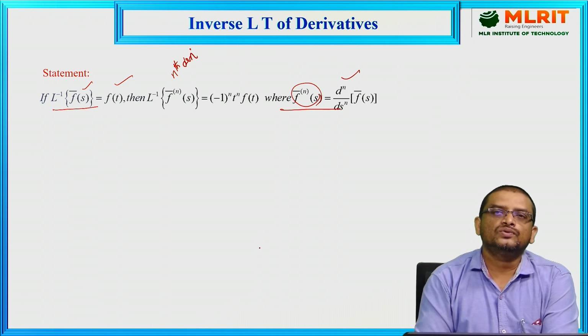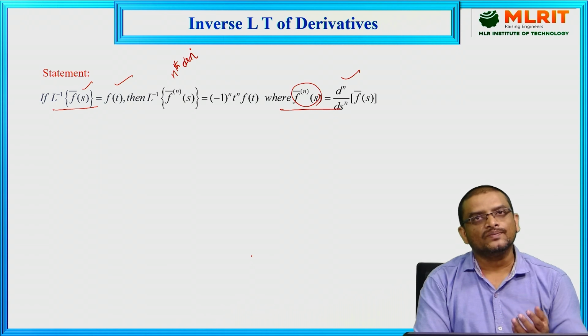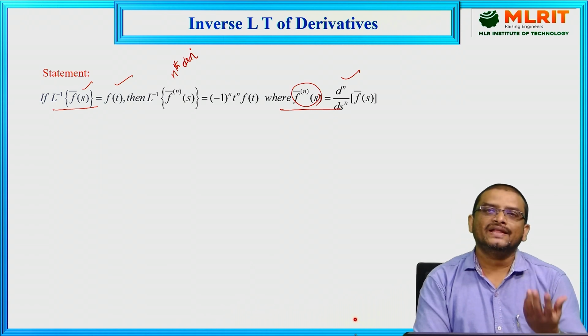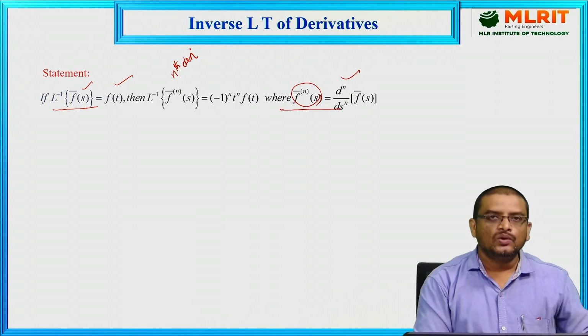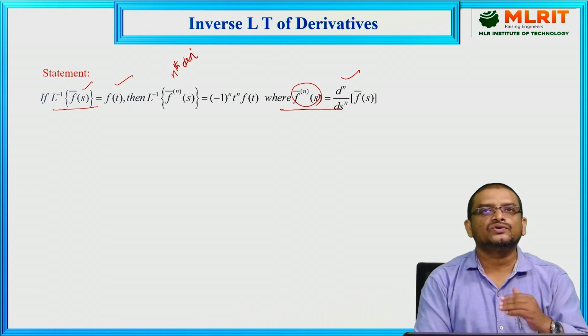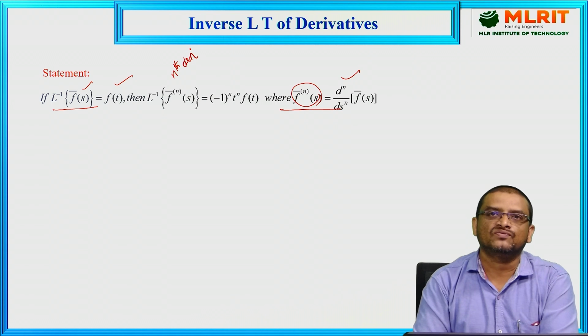So how can we prove this condition here? Whatever formula we are studying in the inverse Laplace transform, there is no need to prove it separately. We can take the help of Laplace transform formulas, and by using those formulas, we can convert them into inverse Laplace transform formulas.